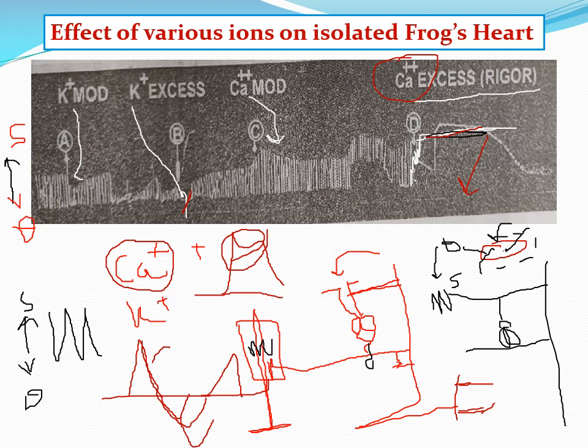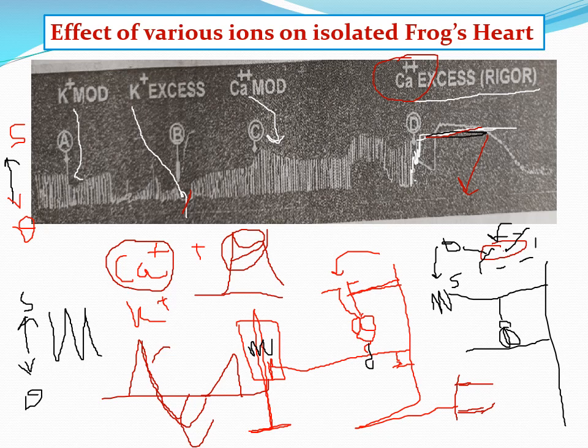And the last terminology is hypercalcemia. What is hypercalcemia? Any increase in the concentration of calcium in extracellular fluid is called hypercalcemia. And a few conditions in which it develops: for example, carcinoma of the liver, if there is a cancerous condition of the liver.